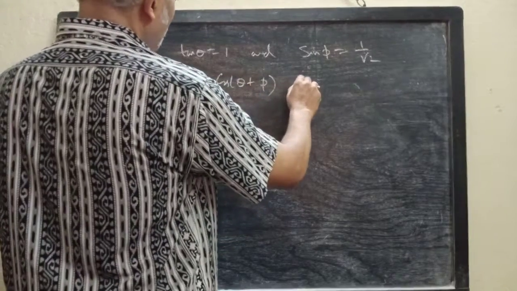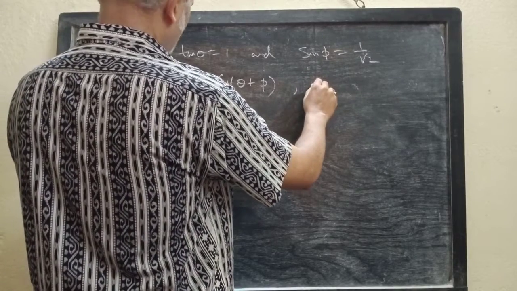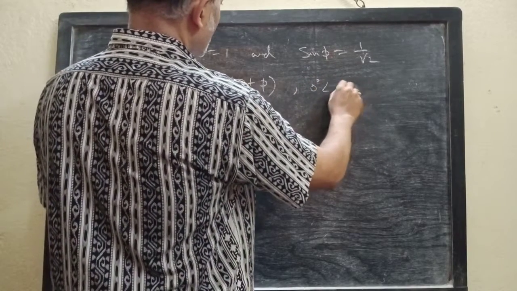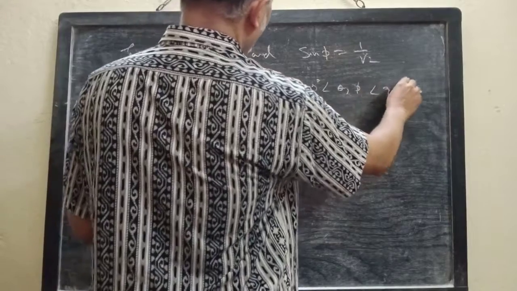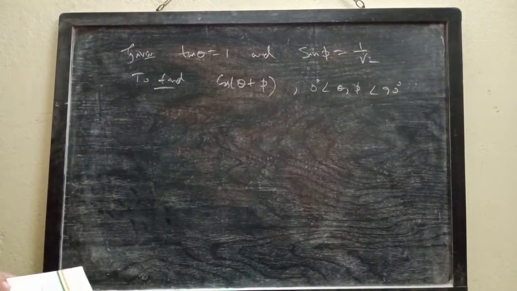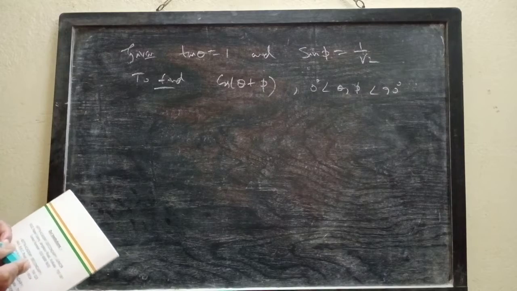It is given that both theta and phi are acute angles. Their measures are more than 0 degree and less than 90 degree.